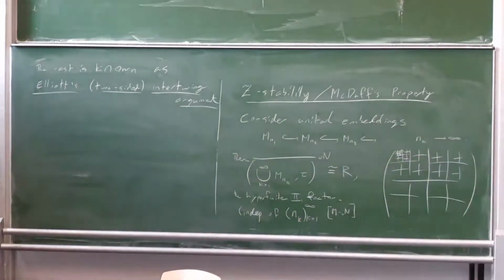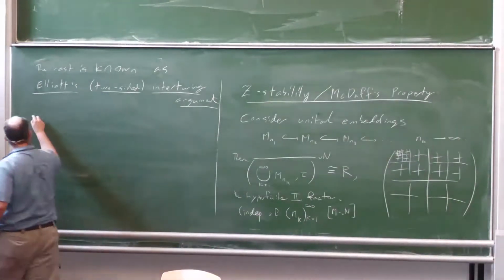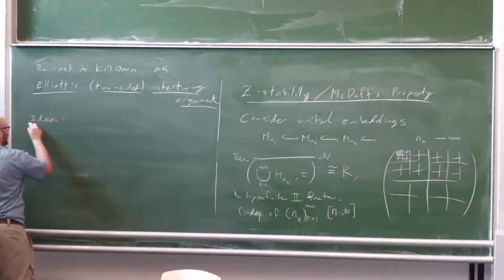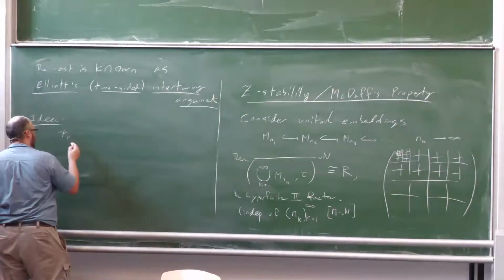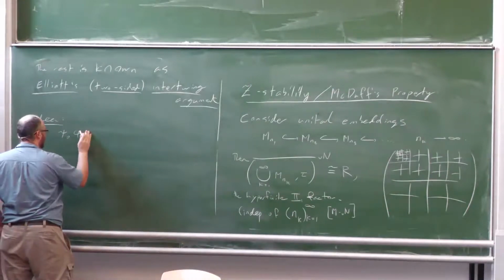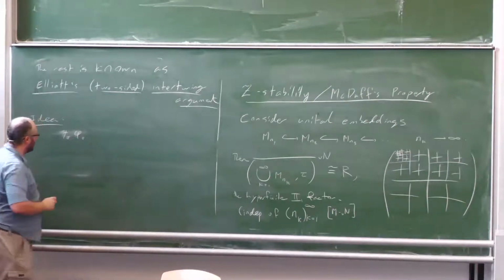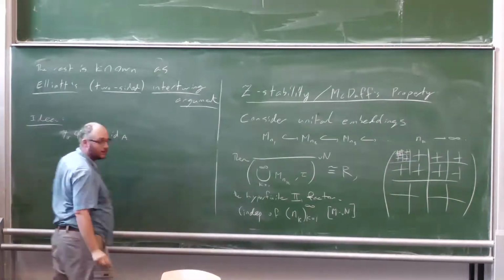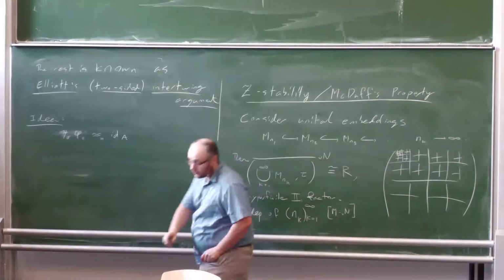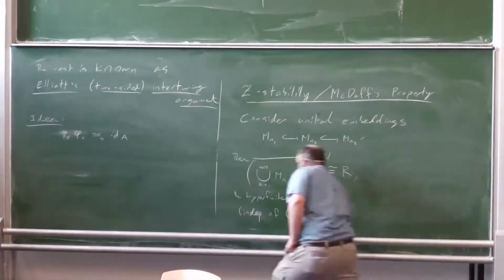I'll give more details in a moment, but just the idea behind it. We know psi naught phi naught is approximately unitarily equivalent to the identity on A, which means there's a unitary conjugating the composition close to the identity.